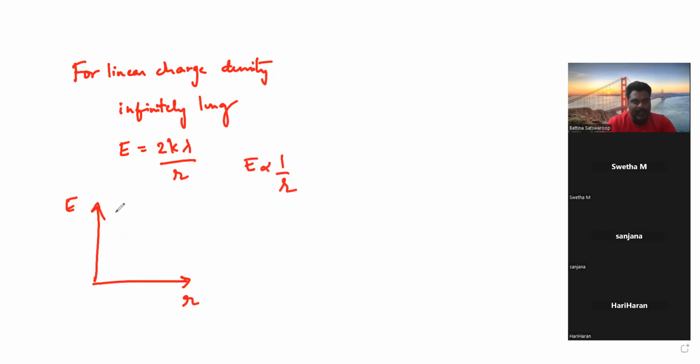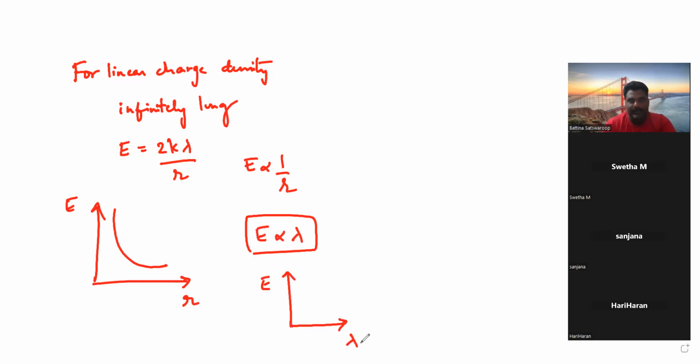Inversely proportional to r. How will it look? You check. That's all. If I have to draw for lambda, how will I draw? A directly proportional graph, how will it look? A straight line. That's all. See how easy it is.